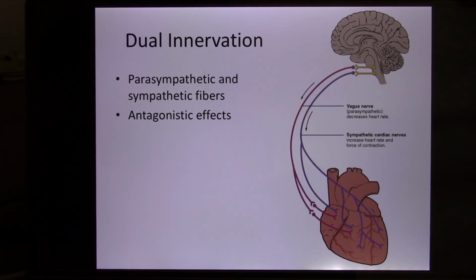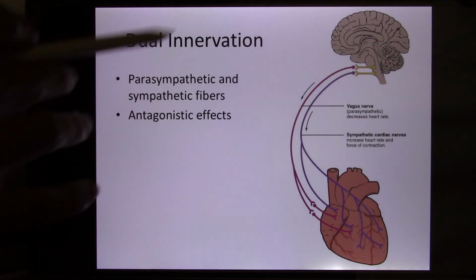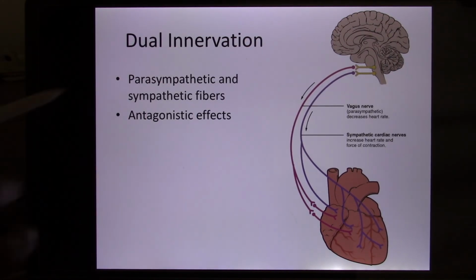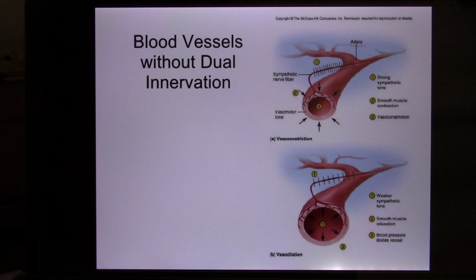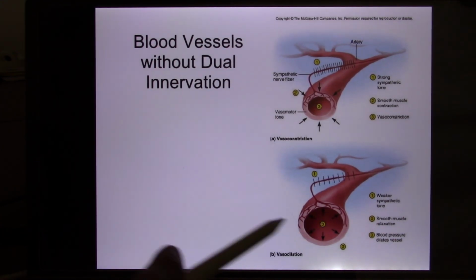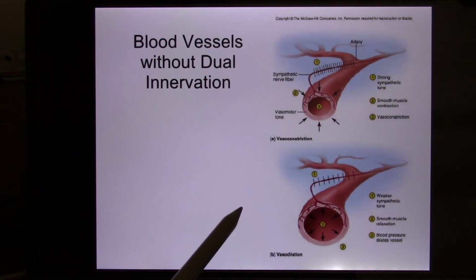Most of the targets have dual innervation, so they have both sympathetic and parasympathetic, and they have an antagonistic effect, where one increases and the other decreases. Some areas only have one, like the blood vessel. Blood vessel has only the alpha-1 receptor.